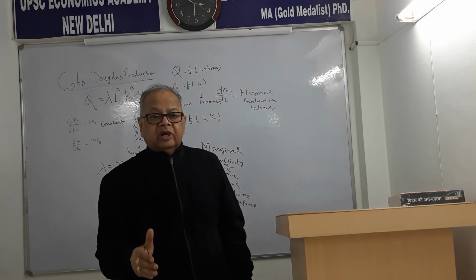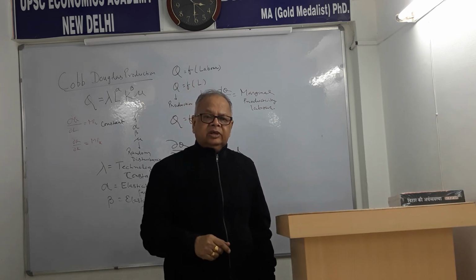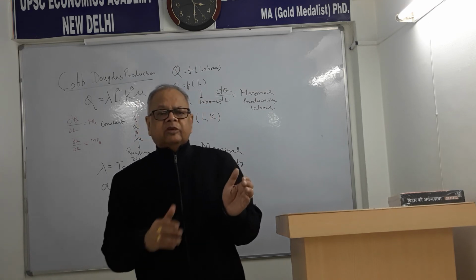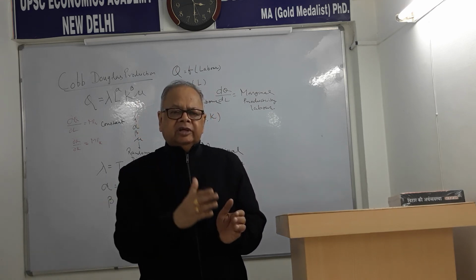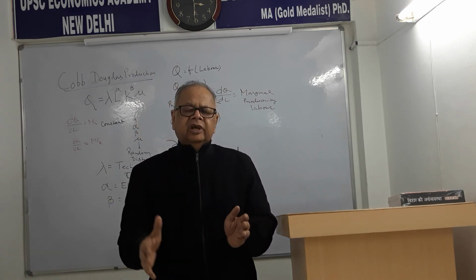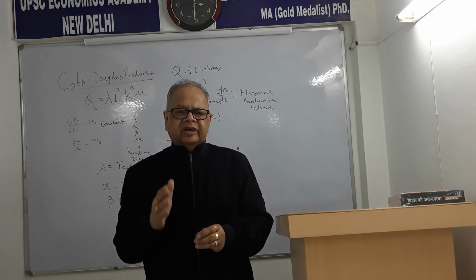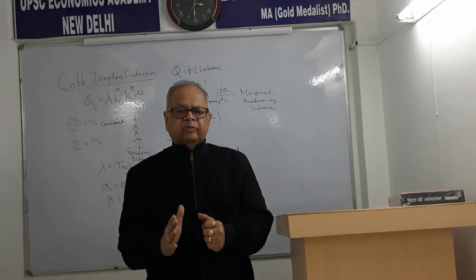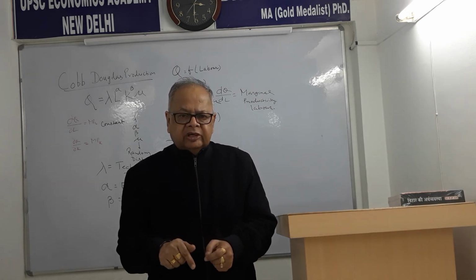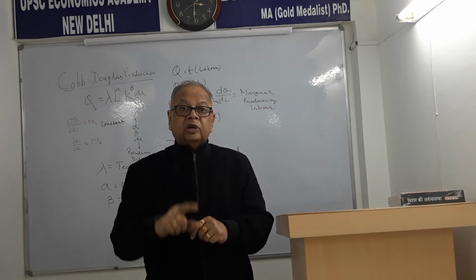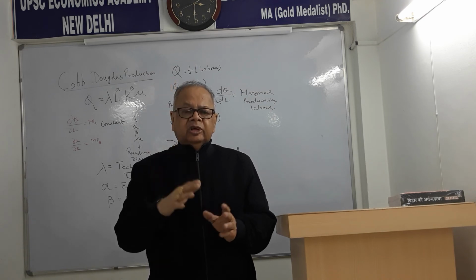So the producer will try to maximize production and therefore will increase employment in the first stage, increase employment in the second stage, and stop employment when marginal productivity is zero and total productivity is maximum.